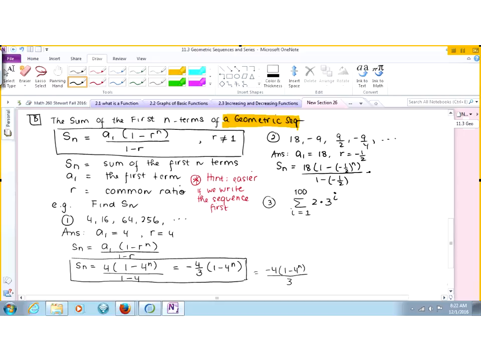What is 1 minus -1/2? 3 over 2. So for the top, there is nothing you could do. How about 18 divided by 3 over 2?